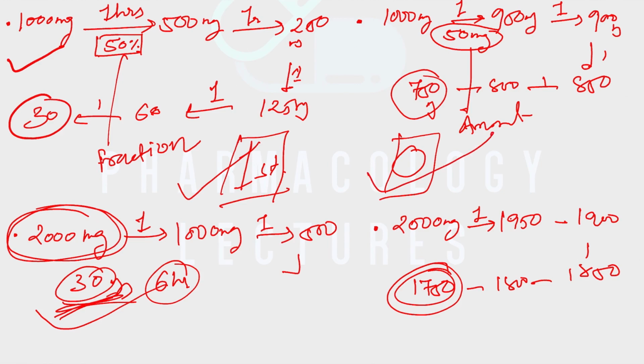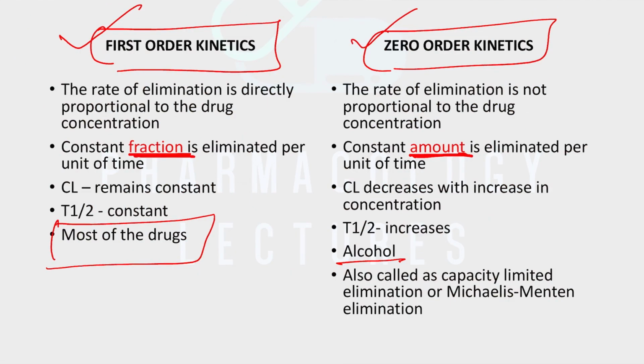While here in zero order kinetics, if you increase the concentration, will the rate of elimination increase? No, there is more accumulation of drug here. That is why drugs which follow zero order kinetics are very dangerous, and you need to keep the concentration in limit. That applies to alcohol. If a patient is taking alcohol in the normal range, that is okay.